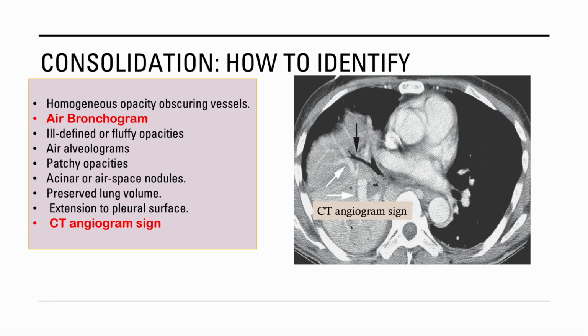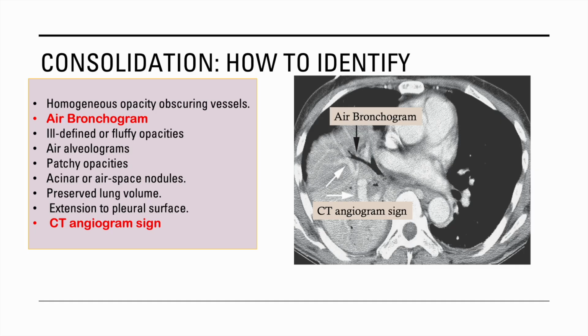Normally, alveoli and bronchi are both filled with air, so they cannot be distinguished. But in consolidation, since the alveoli have a different density, the bronchi are visible. This is called an air bronchogram. Air bronchogram is typical of consolidation. In this CT image, the black arrow shows a patent bronchus.